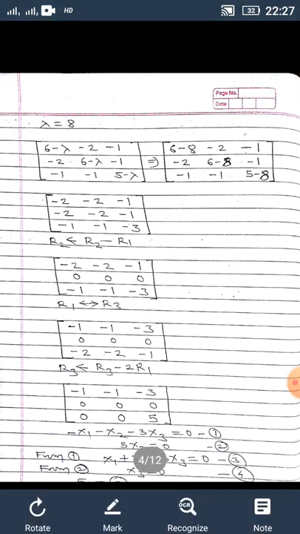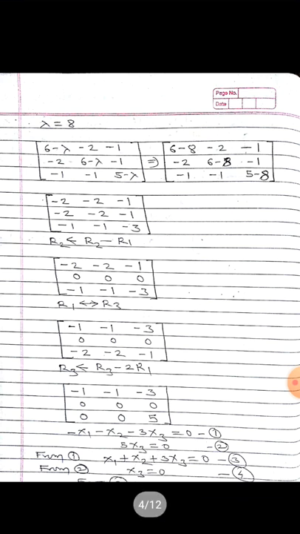So the rows are minus 1 minus 1 minus 3, 0 0 0, minus 2 minus 2 minus 1. Now we perform R3 minus 2R1. So the matrix becomes R1 as it is, R2 as it is, and in R3, 0 0 minus 1 plus 6, that is 5.